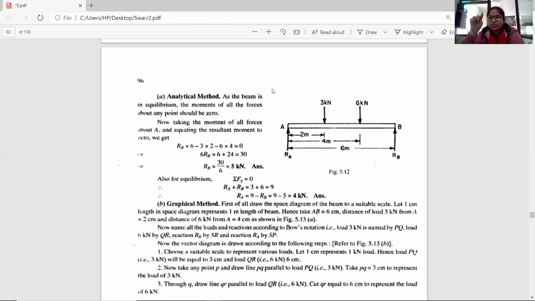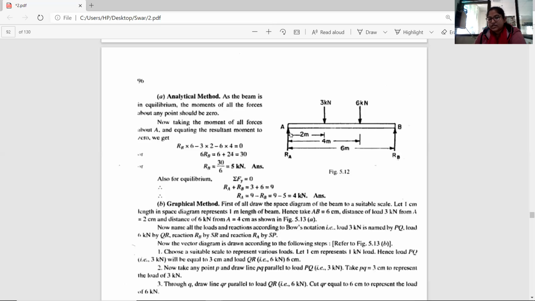Second, sigma v equals to 0. That means Ra plus Rb equals to 3 plus 6. Why do I take it as Ra plus Rb equals to 3 plus 6? Why didn't I take it on the same side?